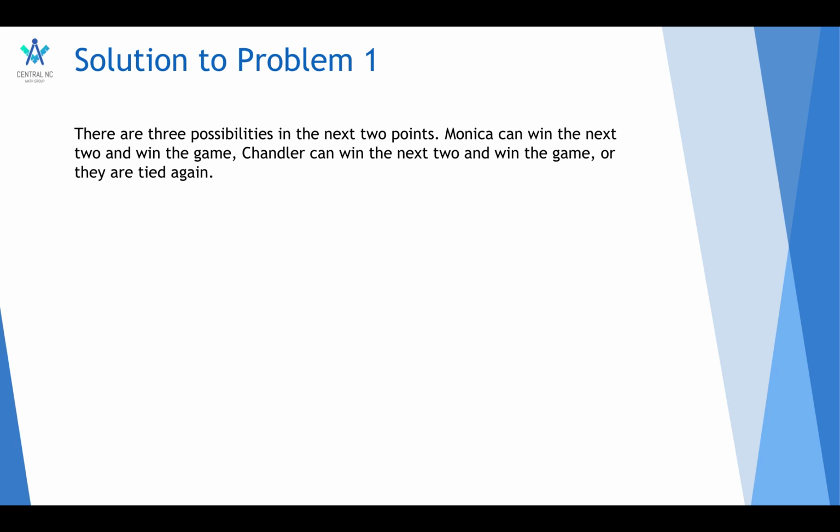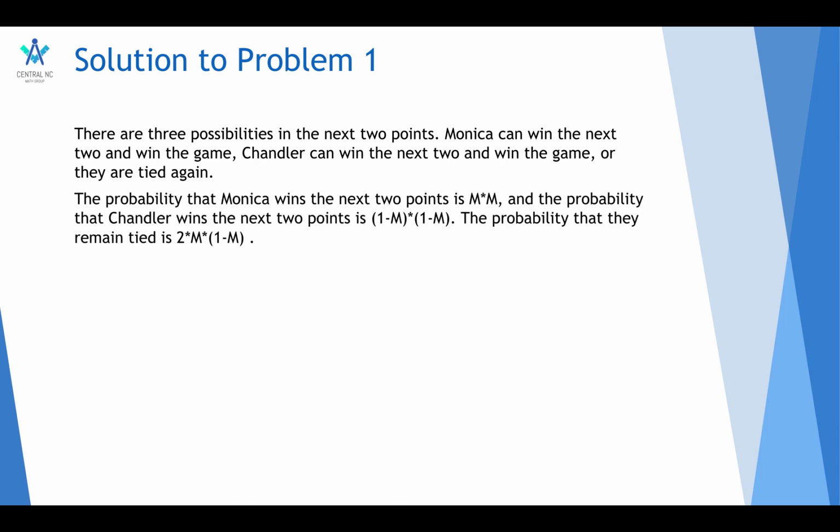So there are 3 different possibilities for who will get the next 2 points. Either Monica can get the next 2 points and win the game, Chandler can get the next 2 points and win the game, or each of them can get 1 point and they're back to a tie.